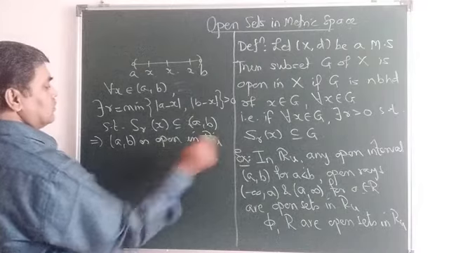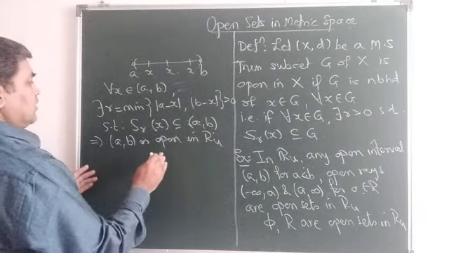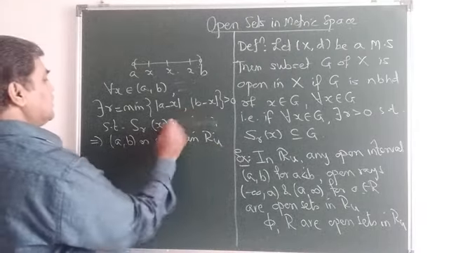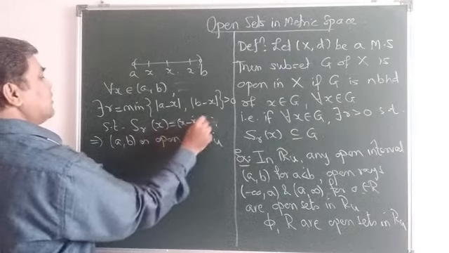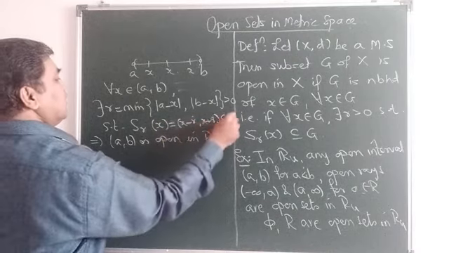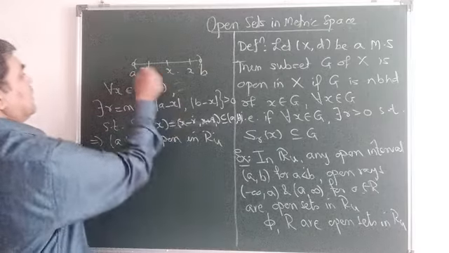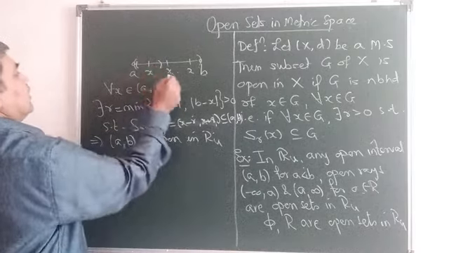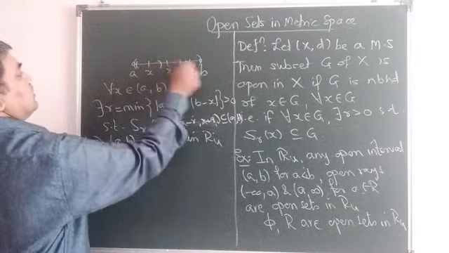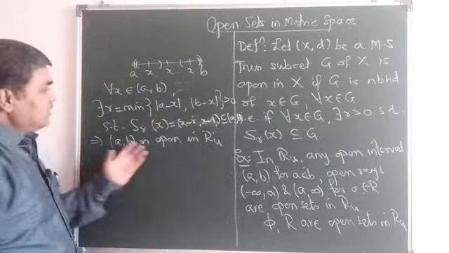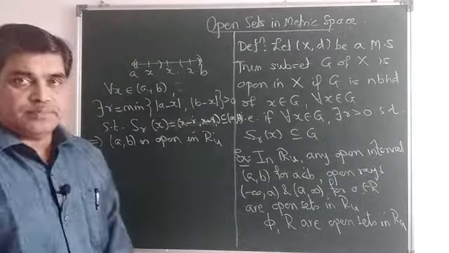Is it clear? This S_r(x) is x minus r to x plus r, contained in (a, b). So this interval lies in the open interval (a, b).